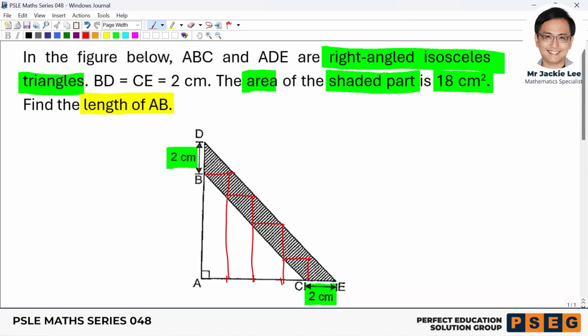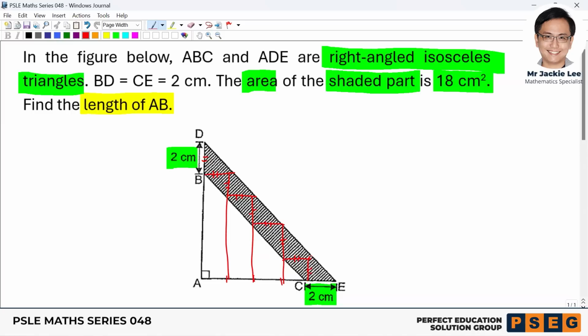This one we have 9 pieces. 1, 2, 3, 4, 5, 6, 7, 8, 9. And they are all identical. Okay, and each piece, basically because this is an isosceles triangle, so hence therefore we will expect all these are also isosceles.